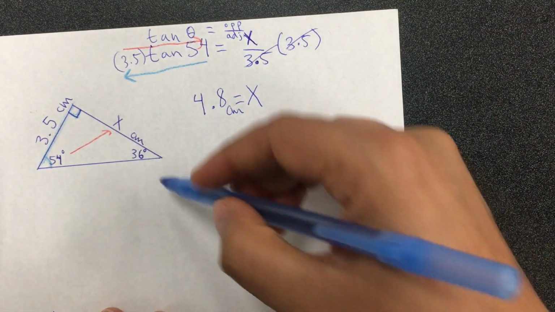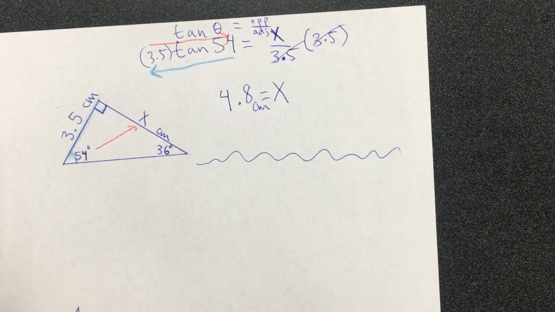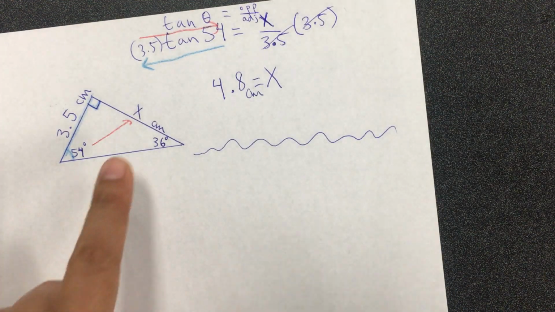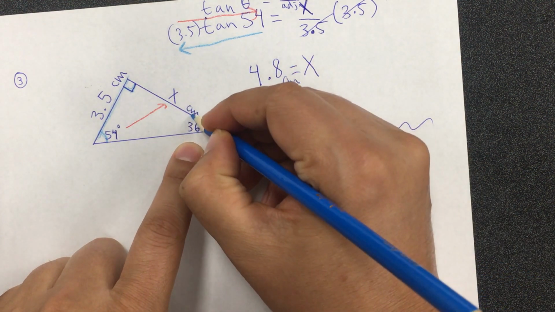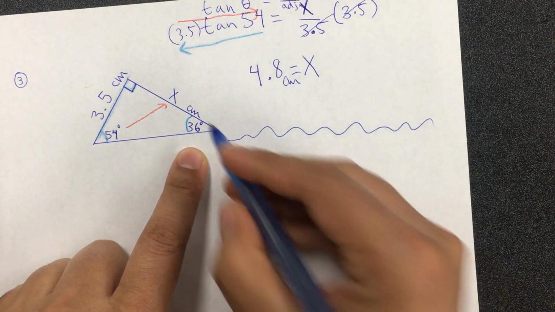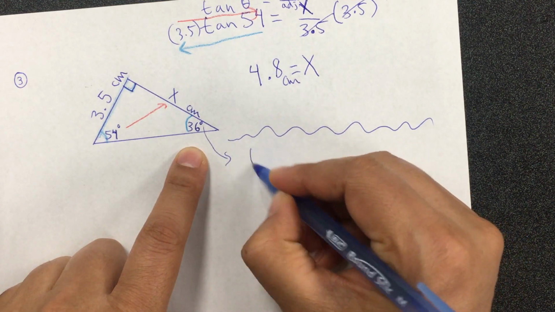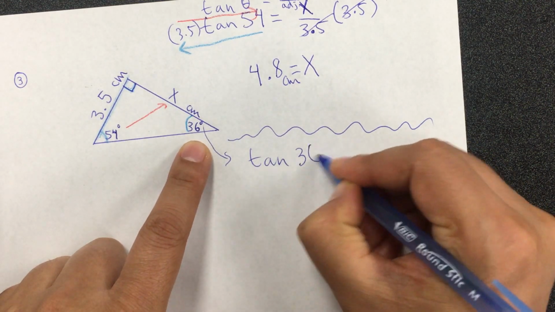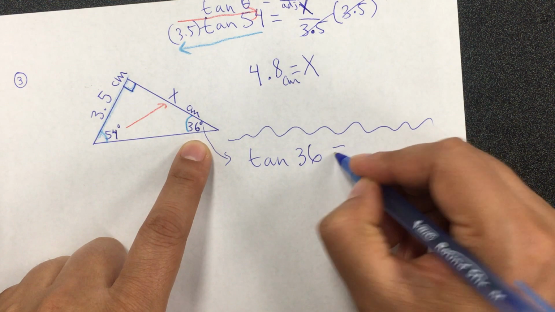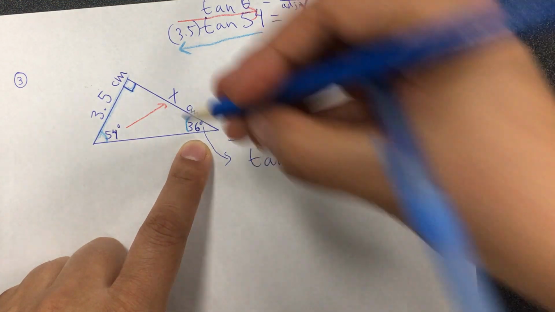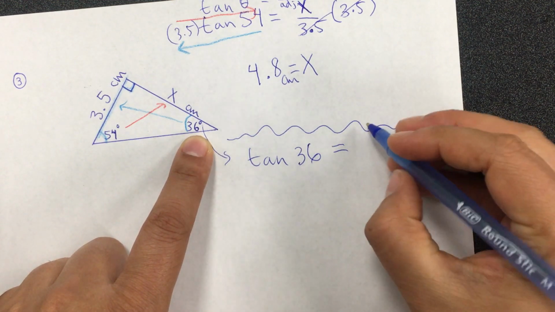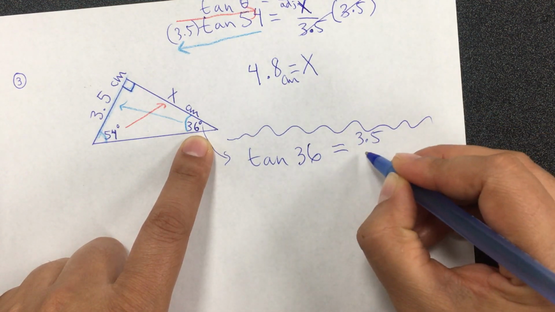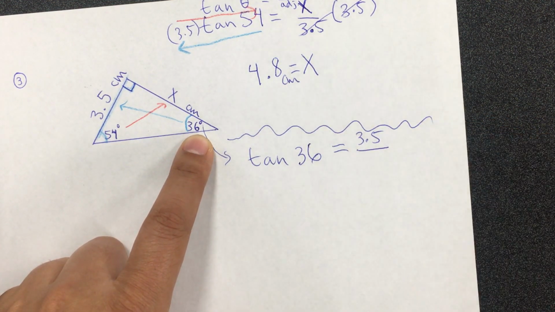Now let me show you using the other angle. Now I'm gonna use this angle right here. So tangent of 36 is equal to opposite. Now the opposite of 36 is straight in front of that, so that's gonna be 3.5 over adjacent.